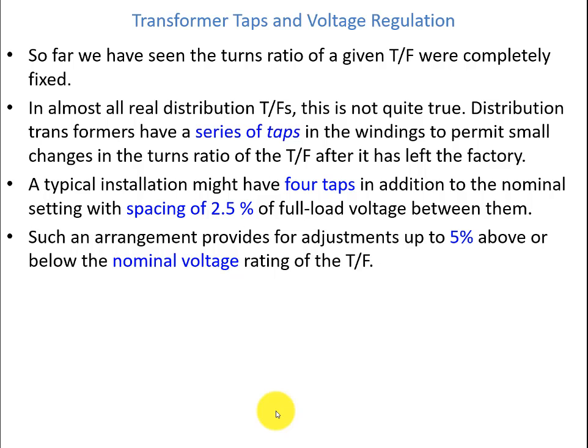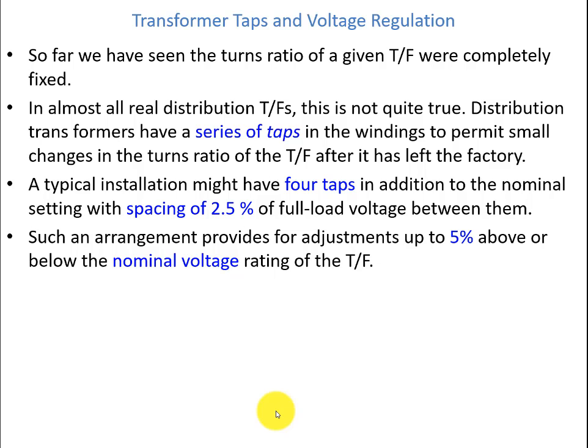These taps are usually provided so that if a small voltage variation occurs due to the transmission, it can be catered for. So we don't have to put in another transformer, and that's why we put small taps in there, so that we can have the proper output voltage.